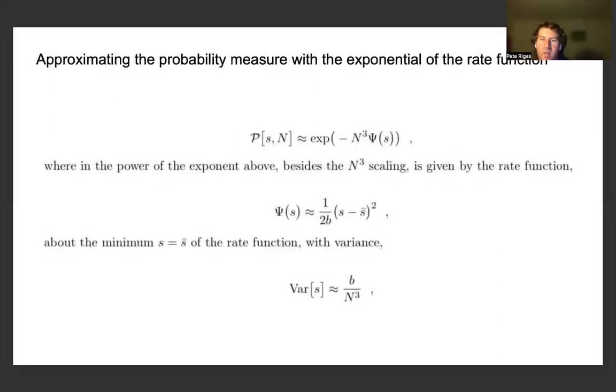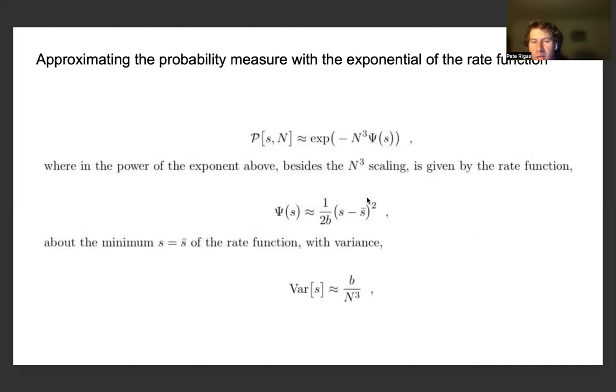And we can approximate the probability measure with the exponential of the rate function. And the rate function is another quantity that's introduced in their paper, because the authors make use of the fact that this probability measure that's a function of big N in the linear statistic can be approximated by the exponential of minus n cubed times the rate function, where the rate function can be approximated by the reciprocal of 1 over 2b for some strictly positive constant b times the square of s minus s bar.